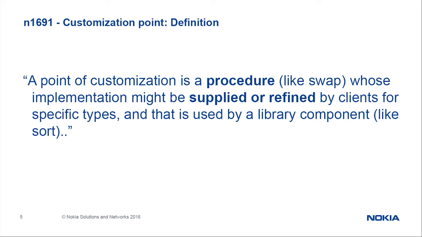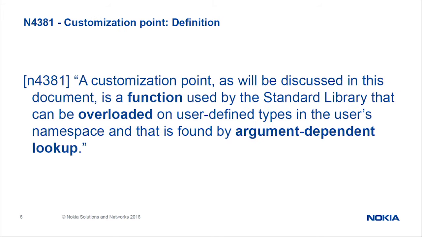One simple example is sort that needs swap. The proposal for the new way of customizing points in the standard again talks about functions. A customization point is a function that is overloaded using ADL. How many of you know what ADL is? OK, thank you.